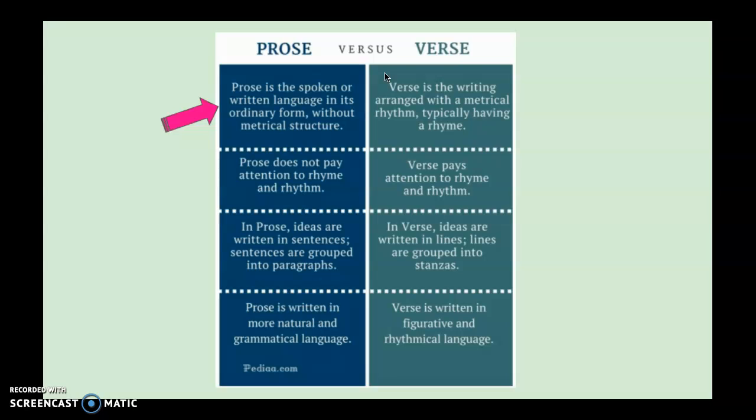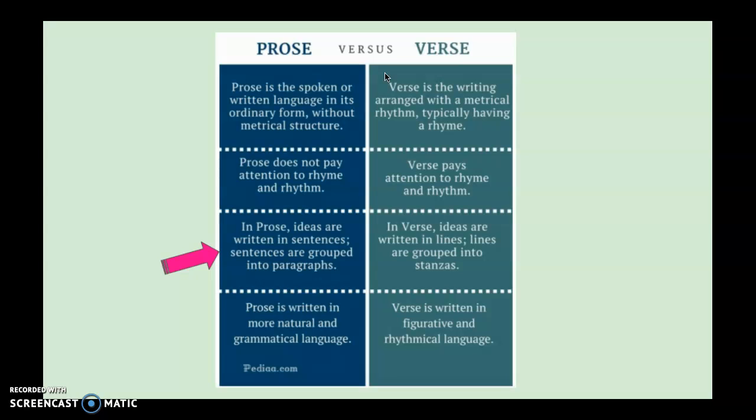It is how we normally talk or write, whereas verse is writing arranged with a metrical rhythm, typically having a rhyme. Prose does not pay attention to rhyme or rhythm, whereas verse pays attention to rhyme and rhythm. That's where you're going to have the ending of every other line rhyme, or there's going to be a certain number of syllables per line.